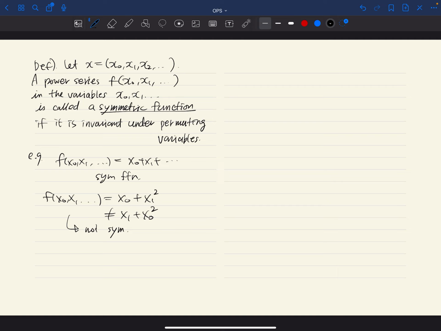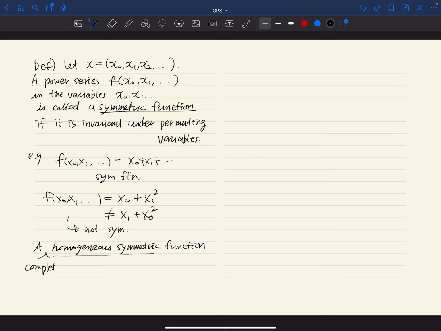Okay, so there are many important symmetric functions, but we will look at two of them. A homogeneous symmetric function, or sometimes it's called complete homogeneous.